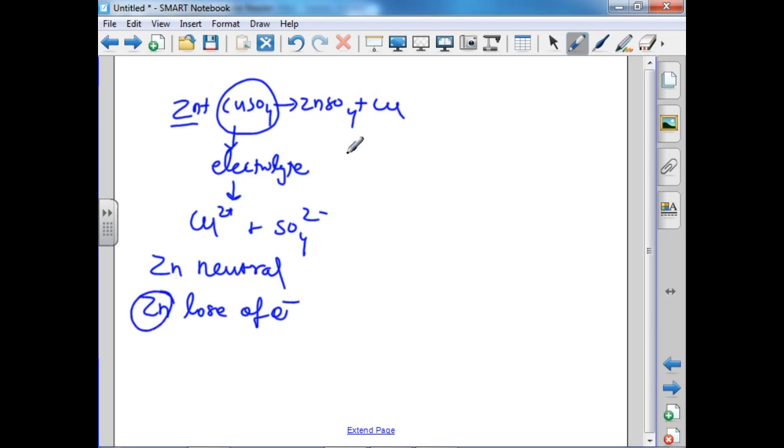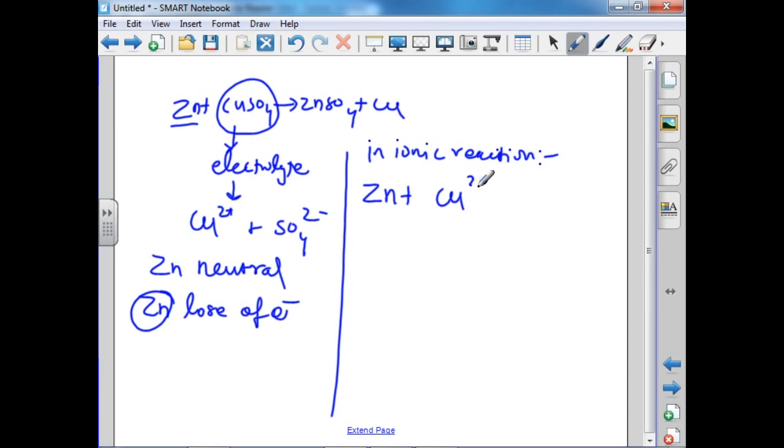In the ionic reaction, Zn plus Cu2+ gives, actually zinc loses electrons. Zinc loses 2 electrons. The 2 electrons are gained by copper.